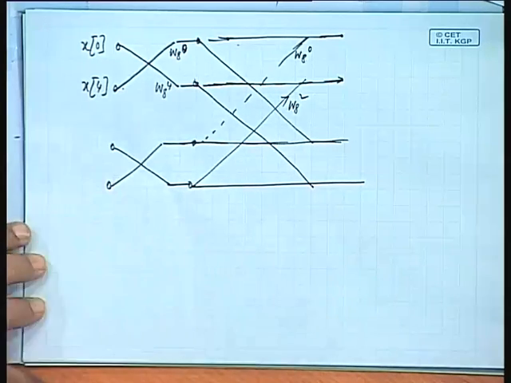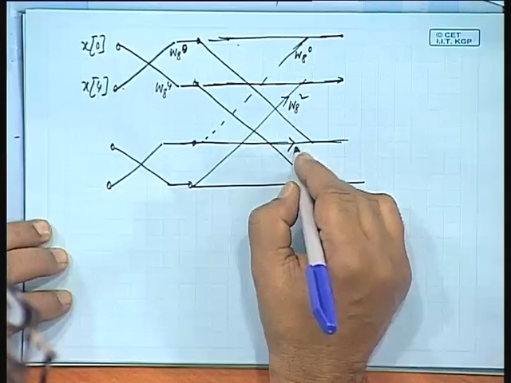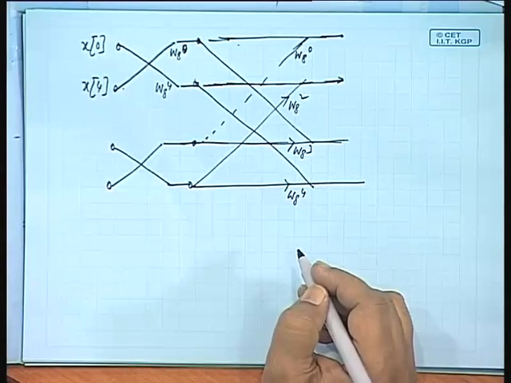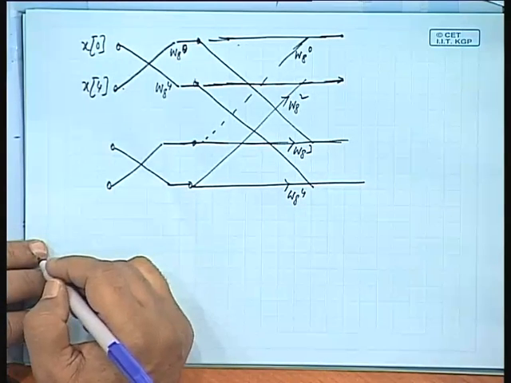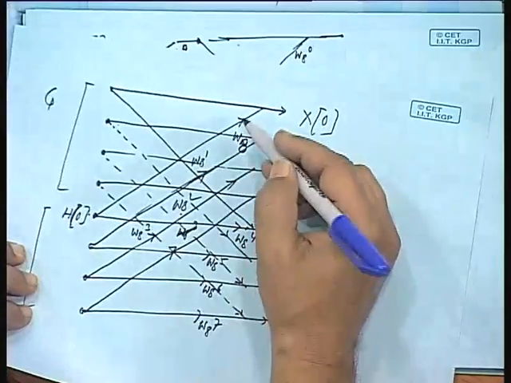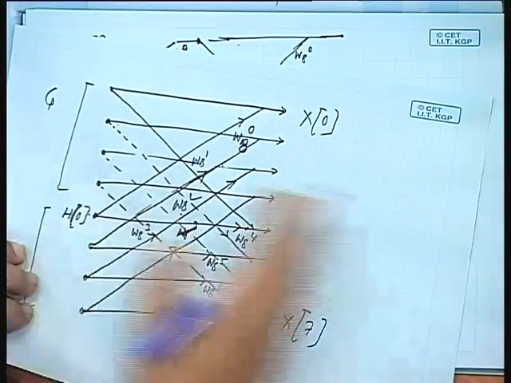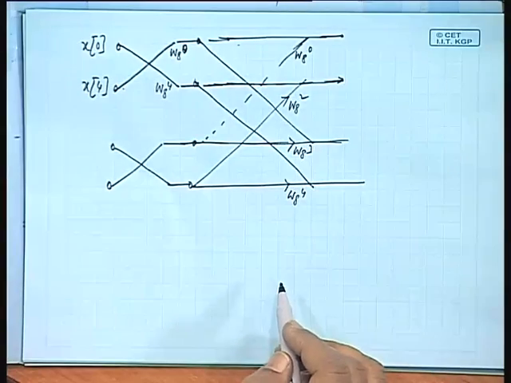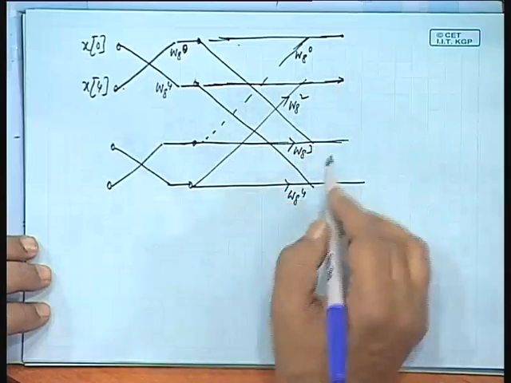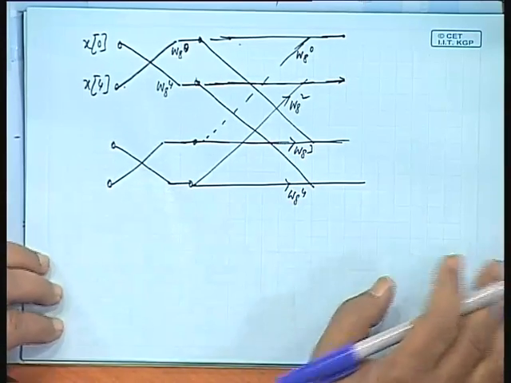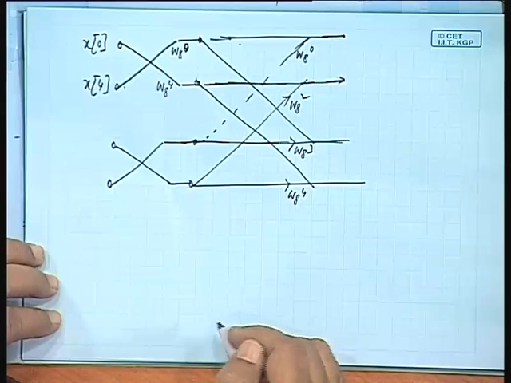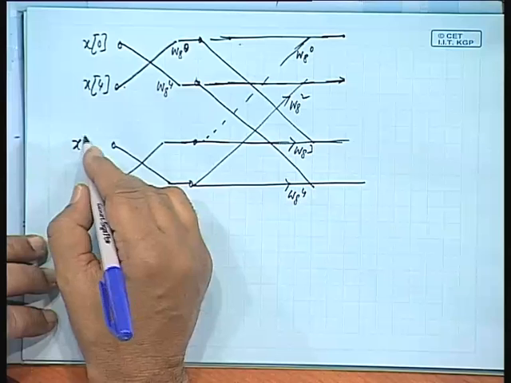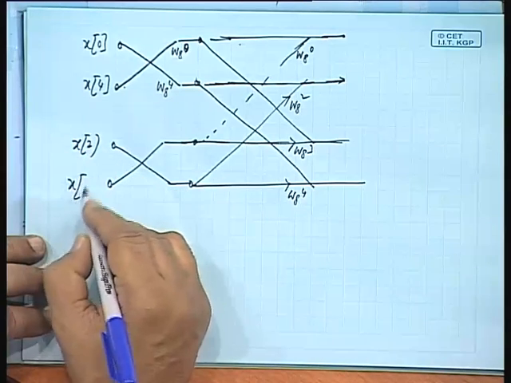So, this will be W_8^3 and this will be W_8^4. Okay. Is it not? Very similar to the previous one. You have W_8^0, W_8^1, W_8^2, W_8^3 and the horizontals were W_8^4, 5, 6, 7. Similarly, here it will be W_8^0, W_8^2, W_8^3, W_8^4 and the horizontal ones will be the other ones. And then this one will be X2, X6 and so on.